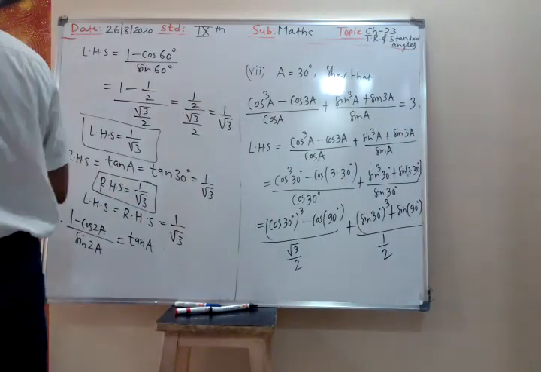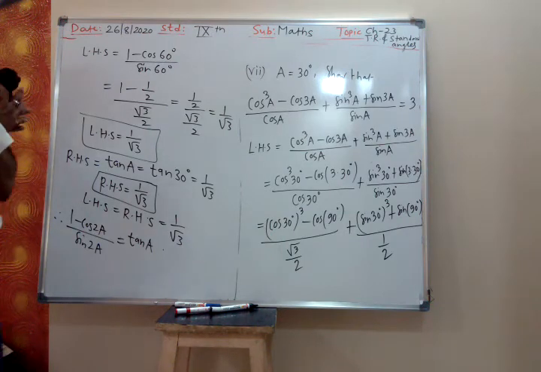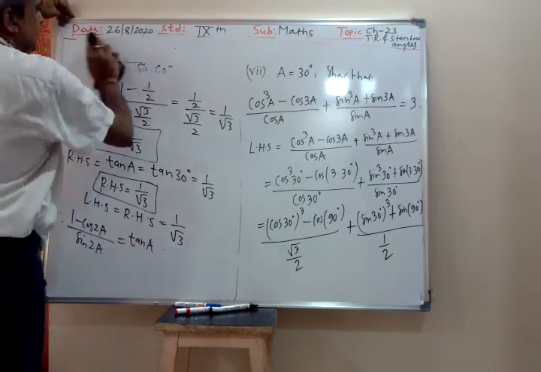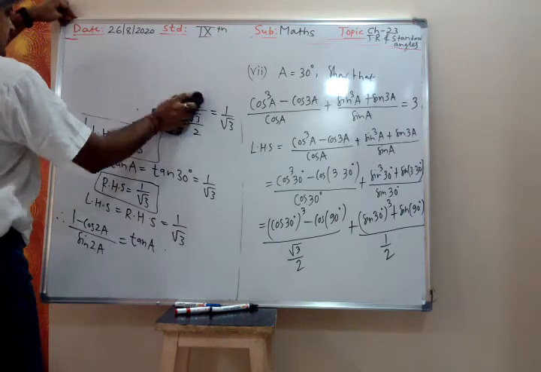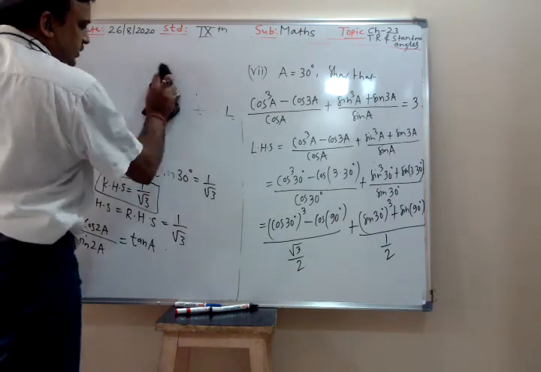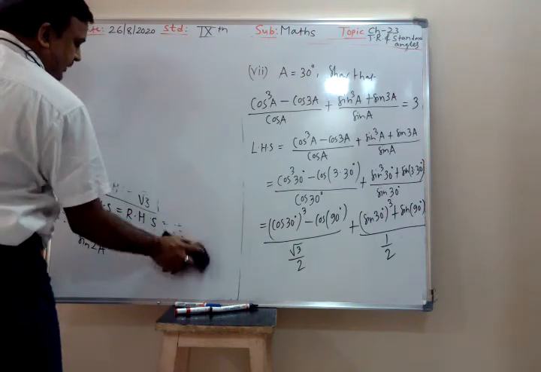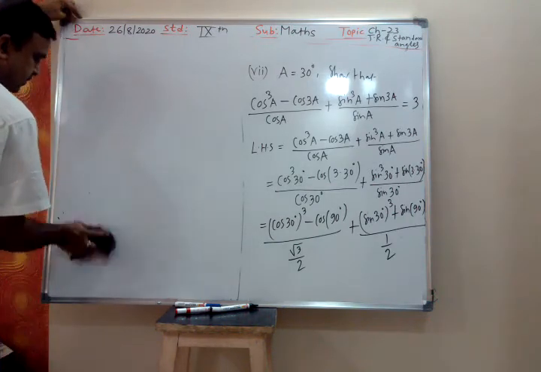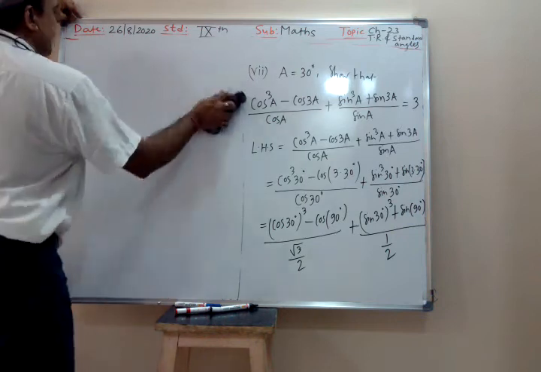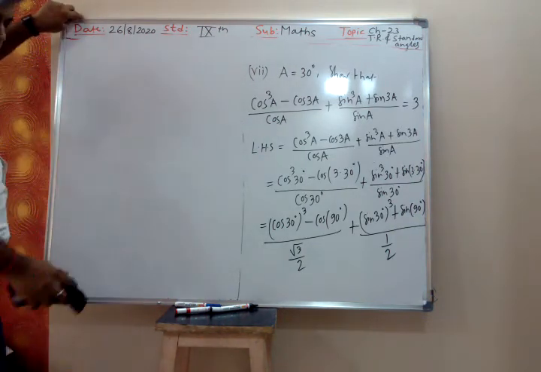Sin 90 degrees is 1. So root 3 by 2 whole cube.